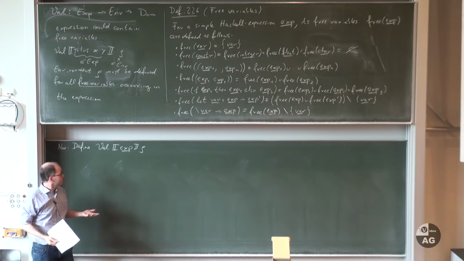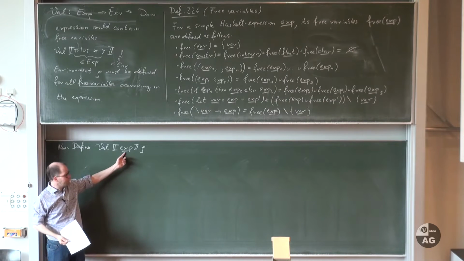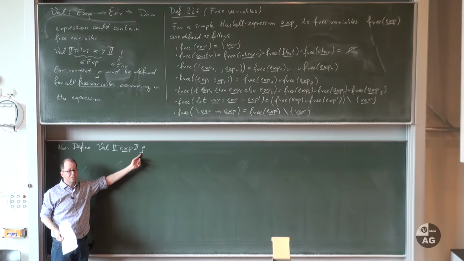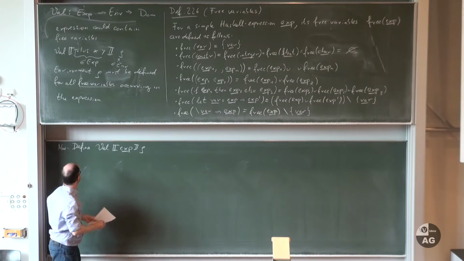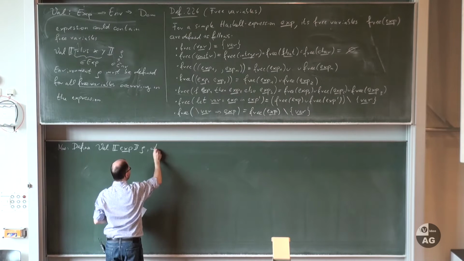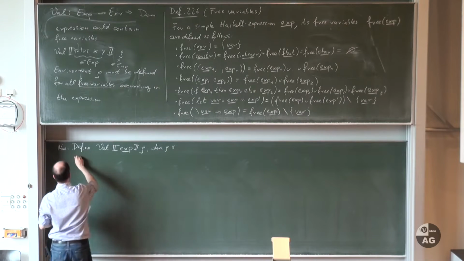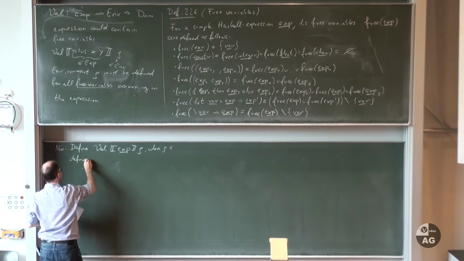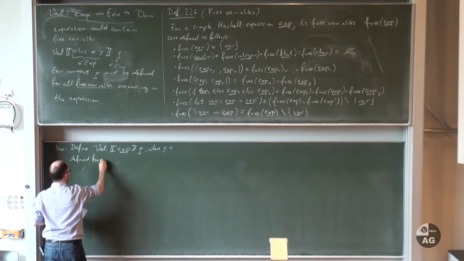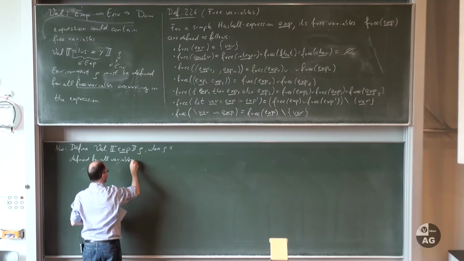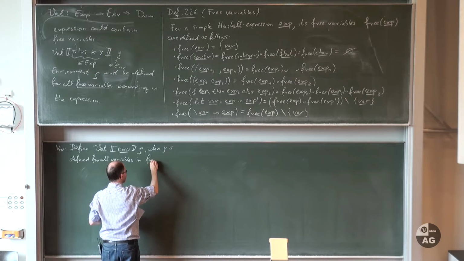And the requirement is that for all free variables in this expression, we need to know what their semantics is by looking into the environment. So where rho is defined for all free variables of exp. So for all variables in free of exp.